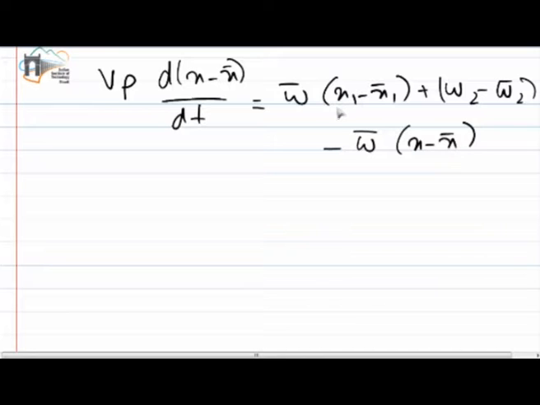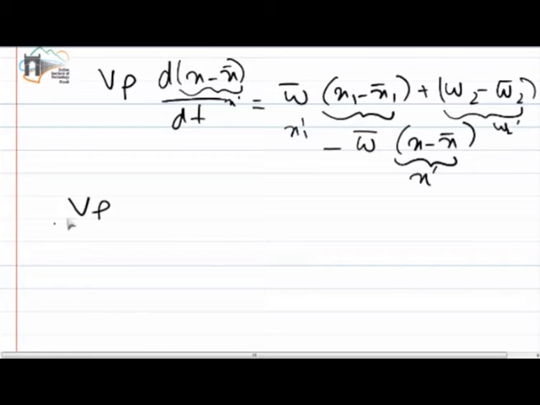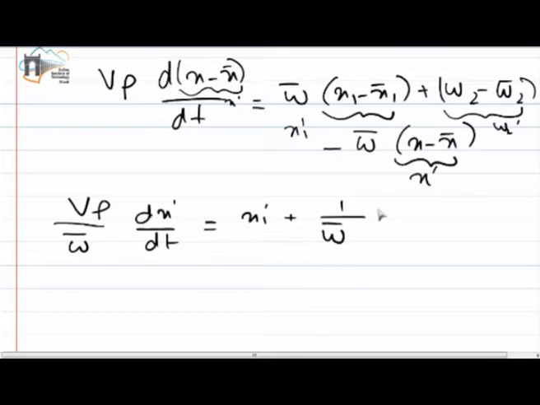Okay, so now if I consider them as the deviation variables, let's say x1 dash and w2 dash, I would have the differential equation as follows.